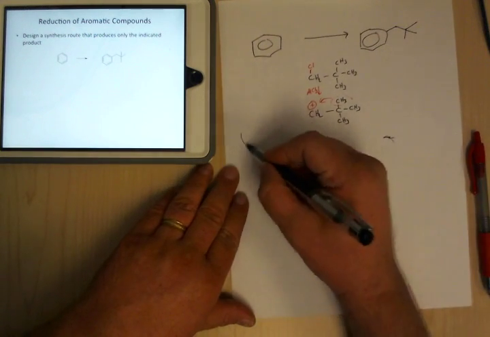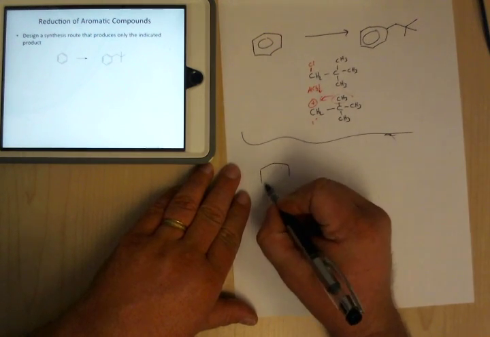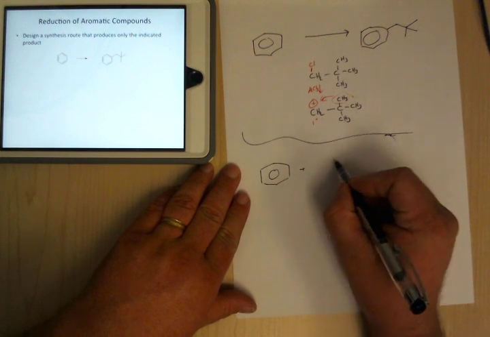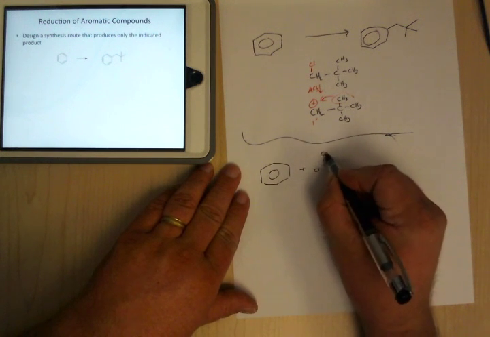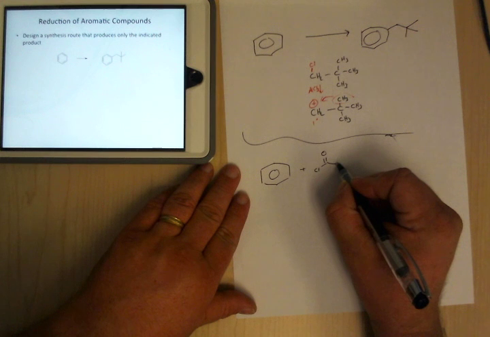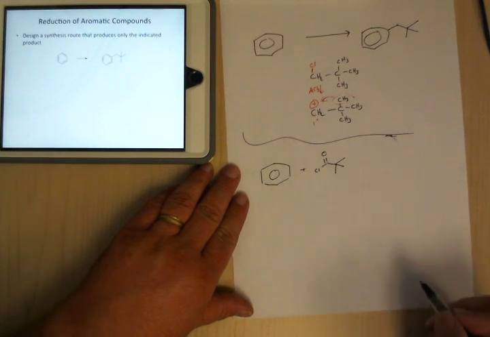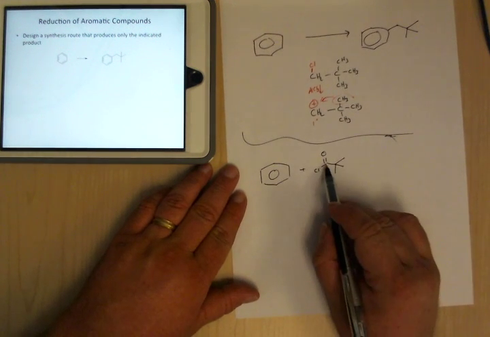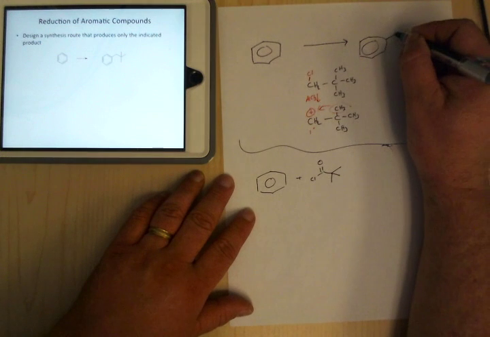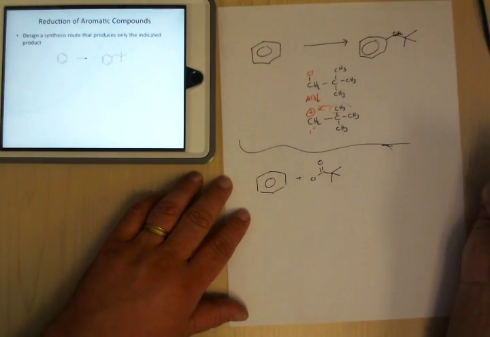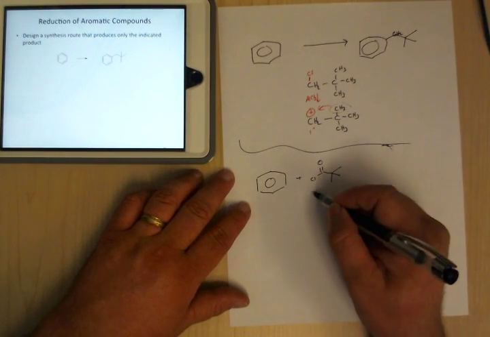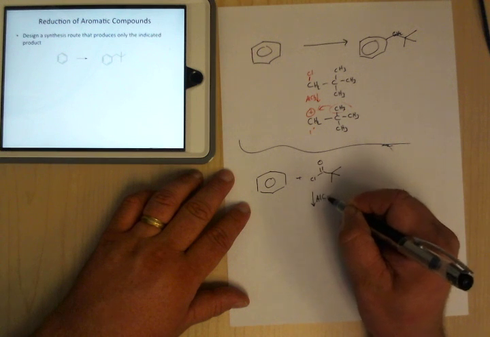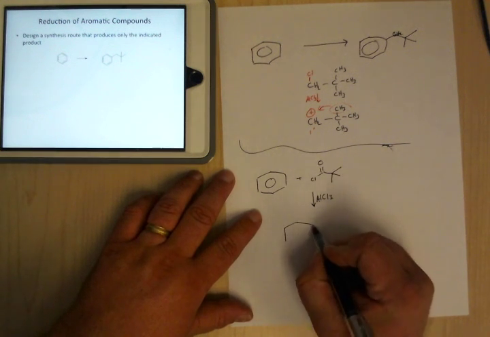So what we need to do is come in here and say, okay, we're going to do this another way, where the C double bond O is eventually going to be this CH2 here. So we add our aluminum chloride to make this.